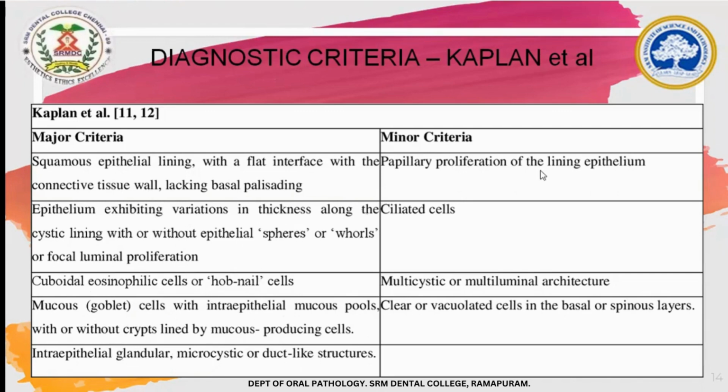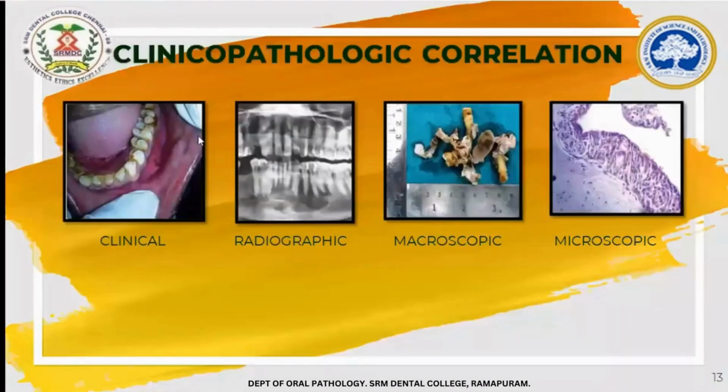The minor criteria are papillary surface projections or ciliated cells, or clear or vacuolated cells in the basal layer. So this is the diagnostic criteria given by Kaplan. Always, clinicopathologic correlation is essential for diagnosis. So what are the clinical manifestations of GOC? Anterior mandible, may be asymptomatic or present with pain, quite aggressive, and recurrent in nature.